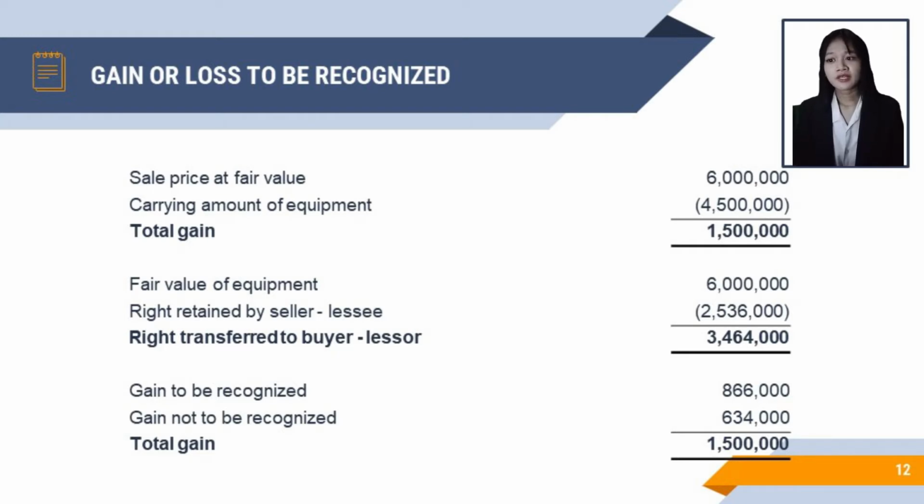Then we also multiply it by our 1.5 million total gain to get 634,000 pesos.